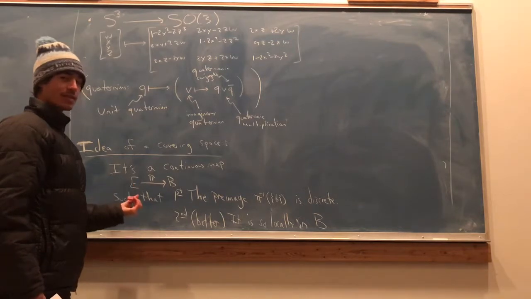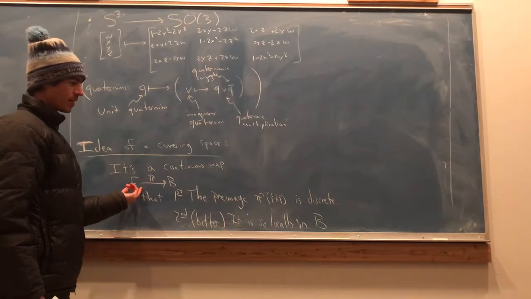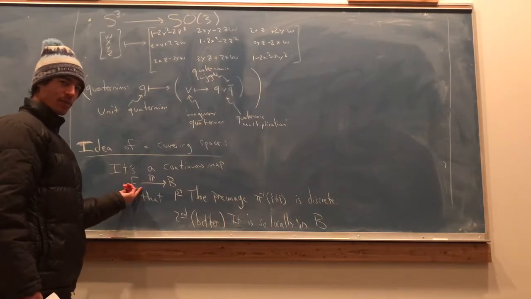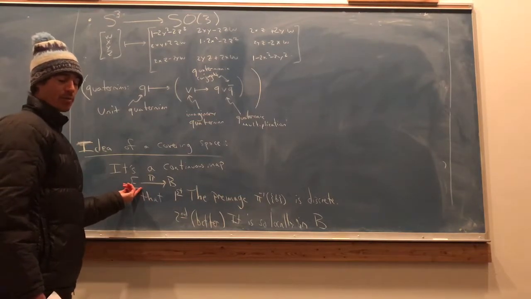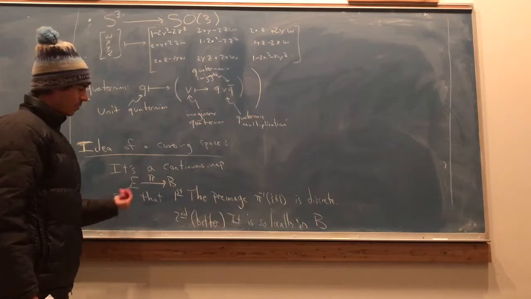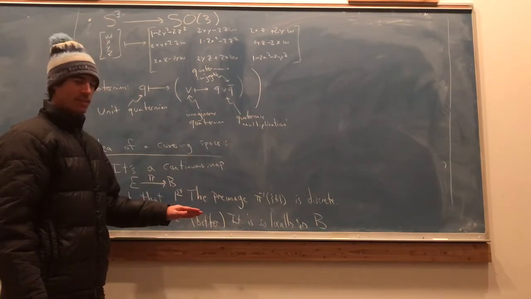So it's a discrete subspace of the domain. In other words, the subspace topology on the preimage agrees with the discrete topology on that preimage. So that's somewhat remarkable. But better, it is so locally in B in a very certain sense.